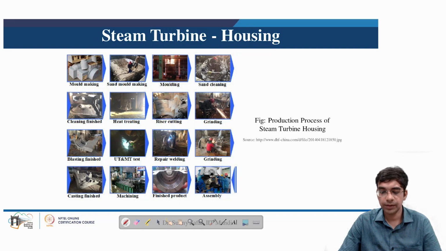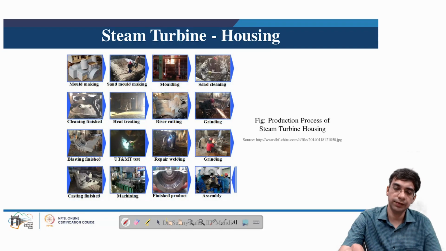Casting is finished and machined, and subsequently the finishing operations are put to use to create a good surface finish on the housing. Once the appropriate surface finish is achieved, the housing is then assembled with the steam turbine blade and other parts such as the shaft and diaphragm.